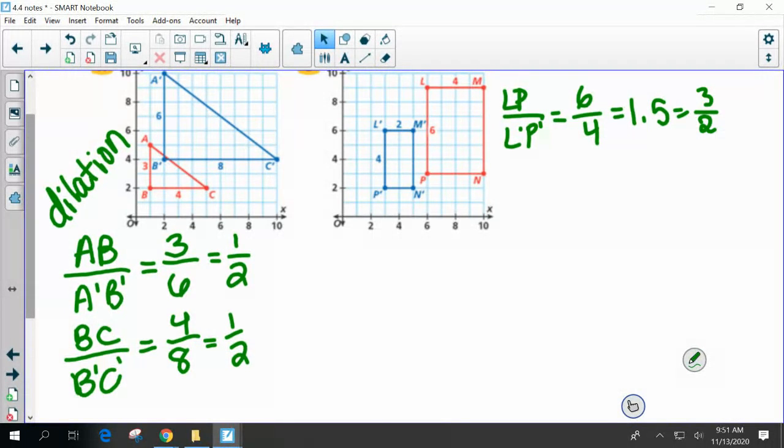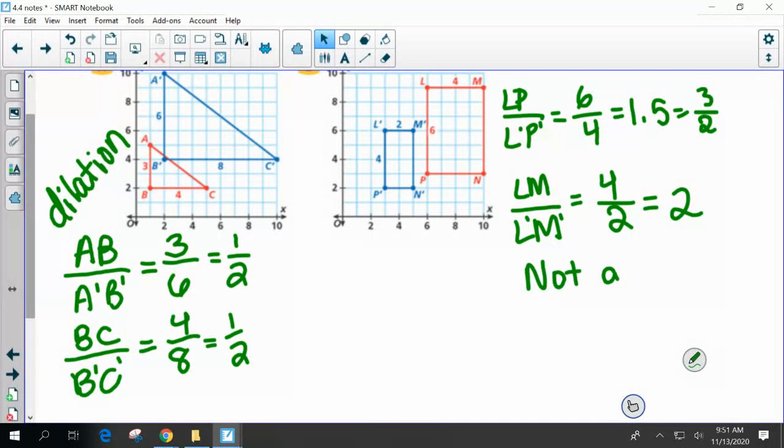Either one is fine. And then LM over L prime M prime. LM is 4 over L prime M prime, which is 2, and 4 divided by 2 is 2. So those are not the same, right? So this is not a dilation.